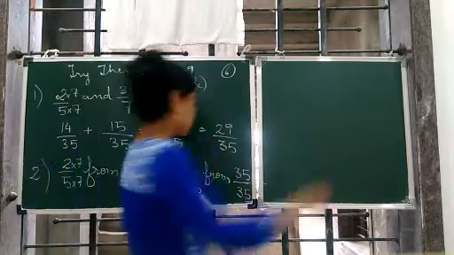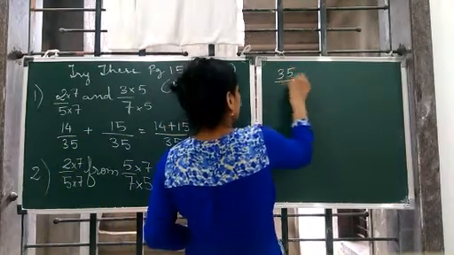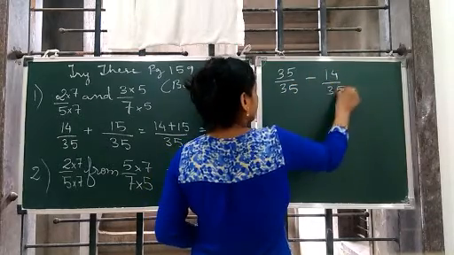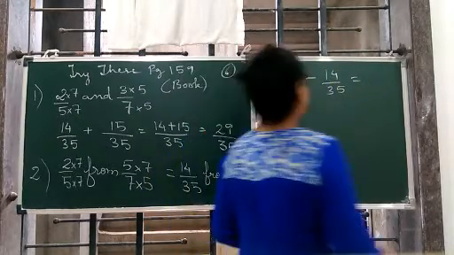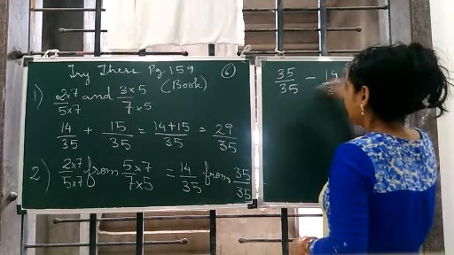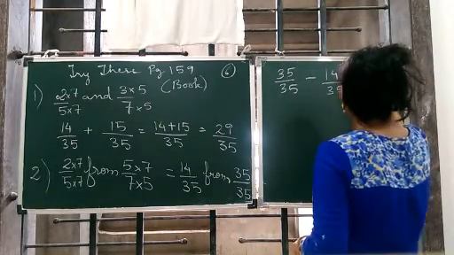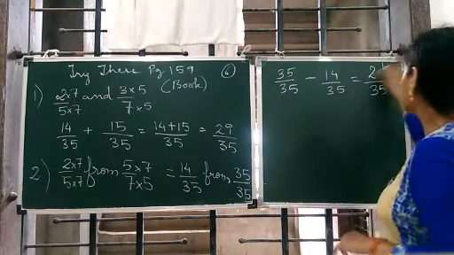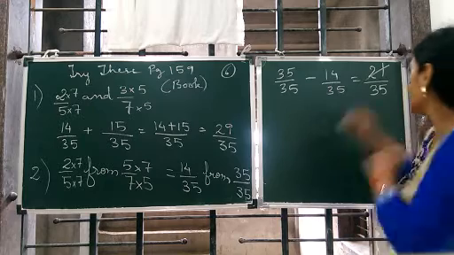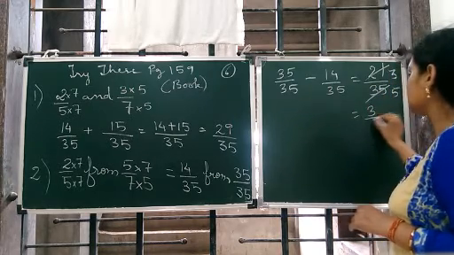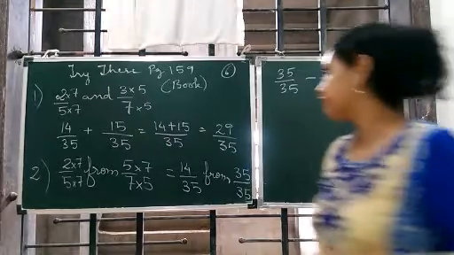We are going to write this fraction first, that is 35 upon 35 minus 14 upon 35. Are the denominators the same? Yes, now the denominators are the same. So we subtract and get 21 by 35. Both are divisible by 7. 7 threes are 21 and 7 fives are 35. So the answer is 3 by 5.